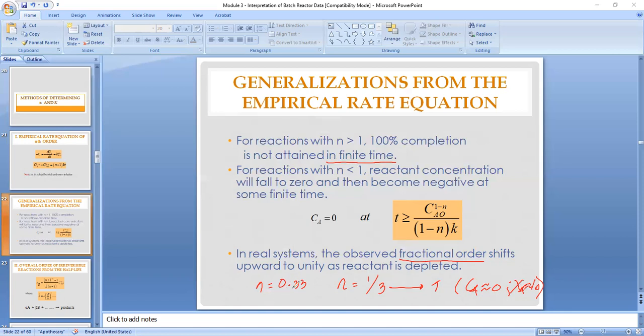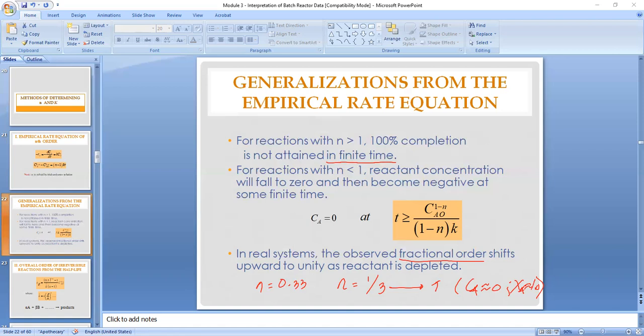It's not fixed at n equal to 0.33. You have to remember that the n and the k of a particular reaction should not change over time.